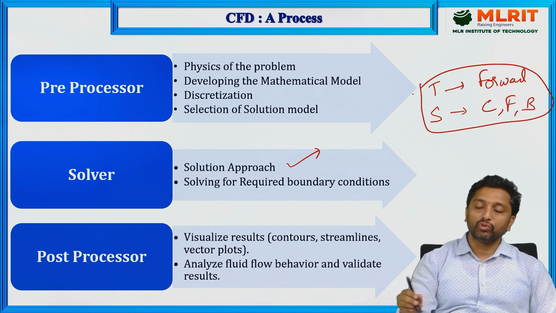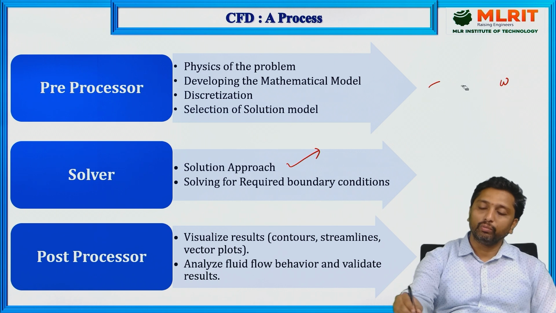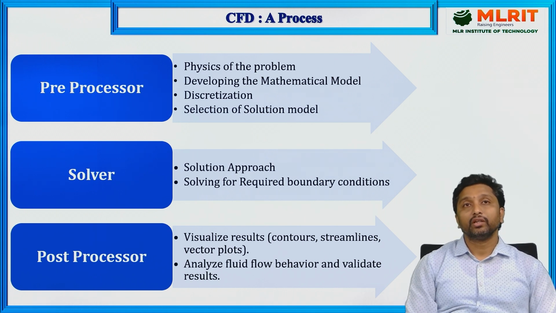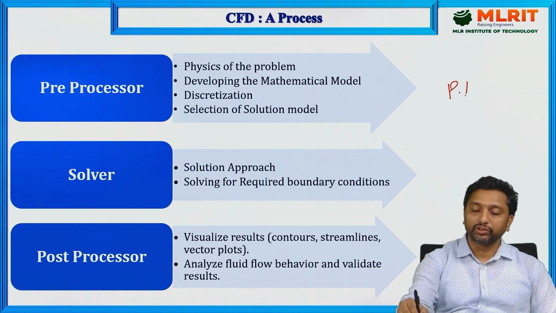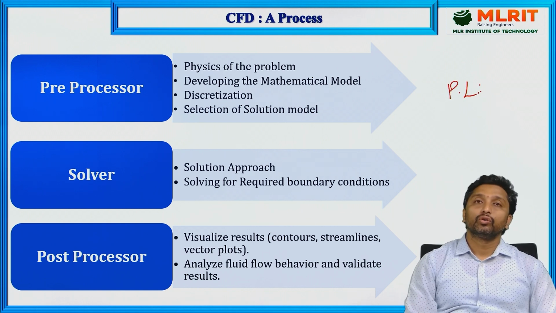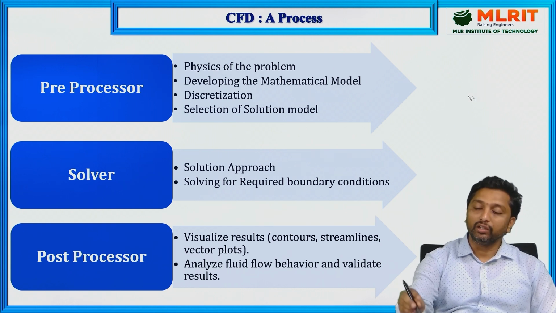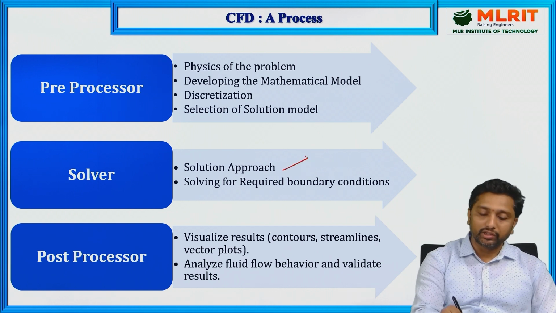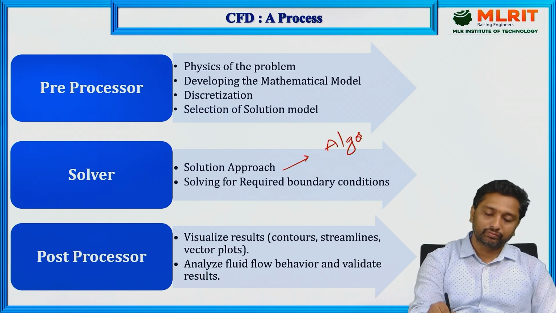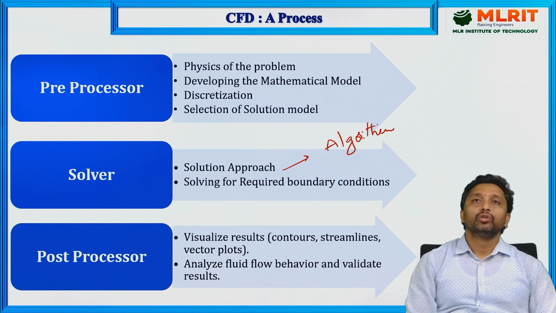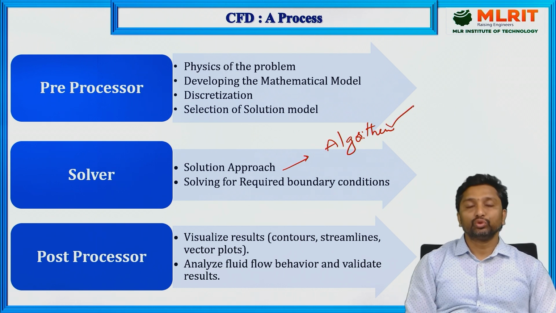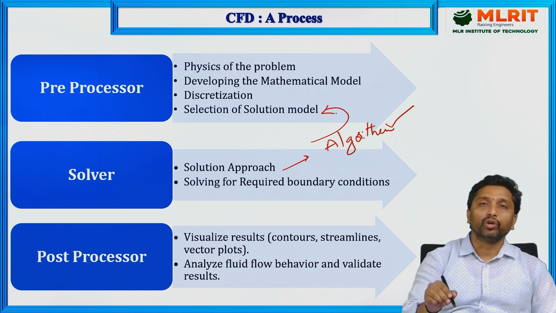So which scheme you are generally employing, followed by what is the approach, what type of equations you are using. That is, are you using pressure linked equations or coupled equations? That will be based again on the physics of the problem. Basically these are nothing but algorithms. To be precise, these are the algorithms which you are using to solve these numerical models.